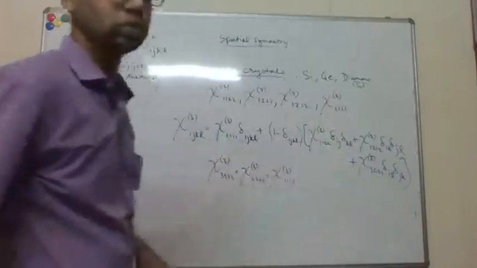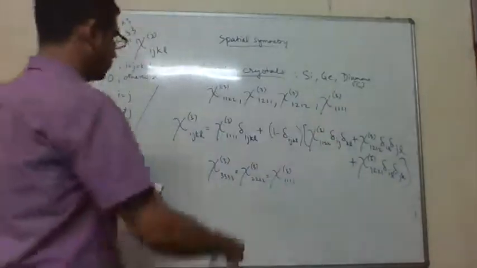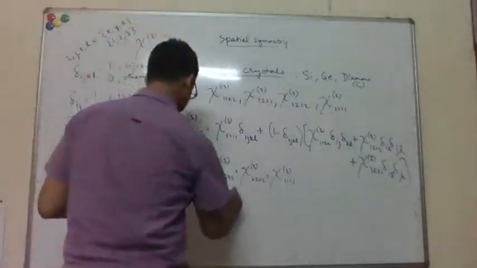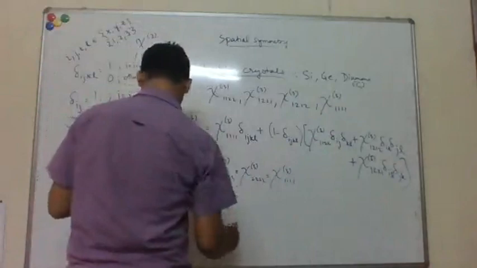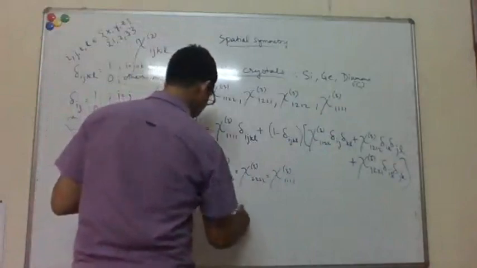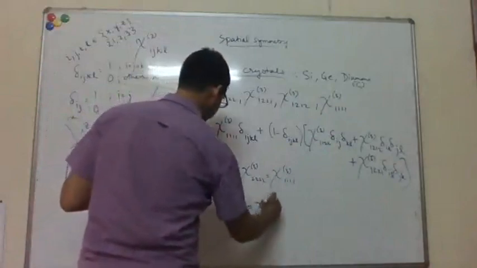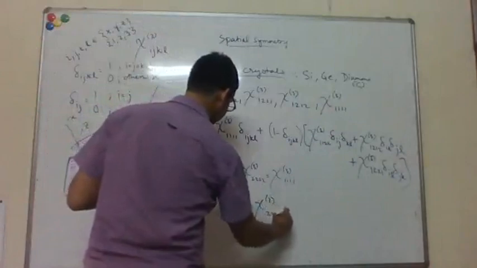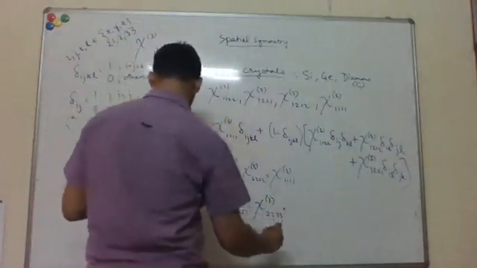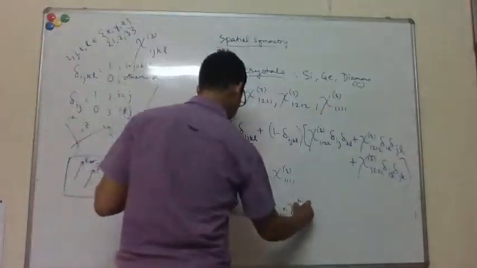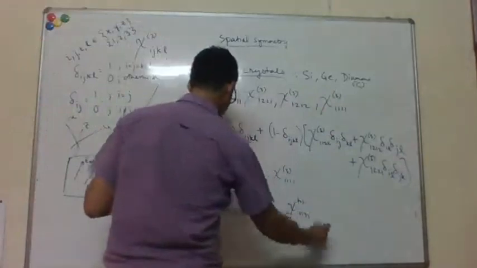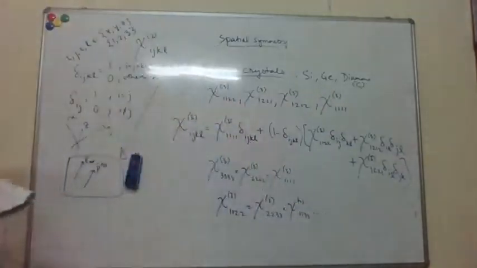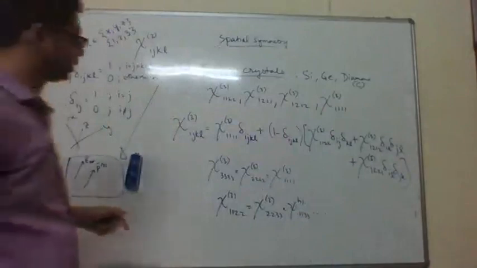And similarly, you can see that the terms with 2 indices are still equal. Right?